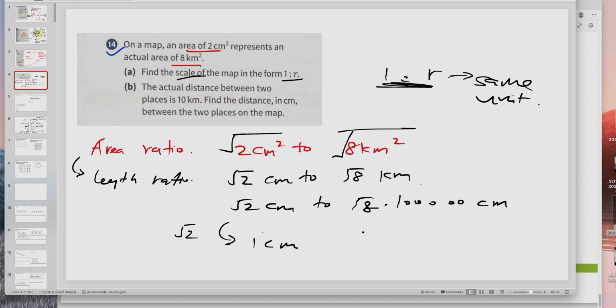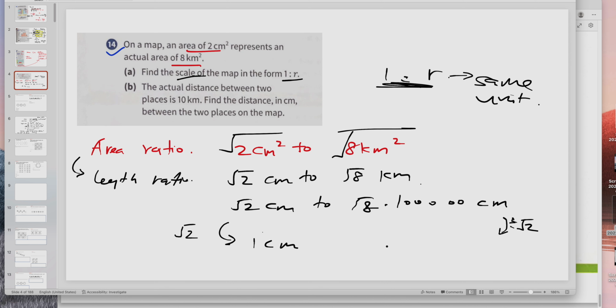Square root 8 divided by square root 2. Let me take a look. Over here it is square root, you divide by square root 2. Did I do something wrong?